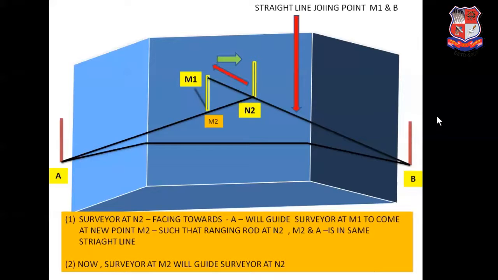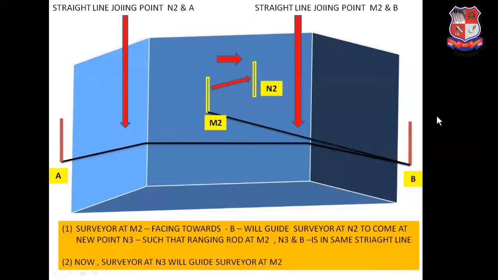Now the chainman at M2 will guide the chainman at N2. Surveyor M2, facing towards B, guides the surveyor at N2 to come to a new location N3 in such a way that the ranging rod at M2, the ranging rod at N3 and the ranging rod at B come in the same straight line.